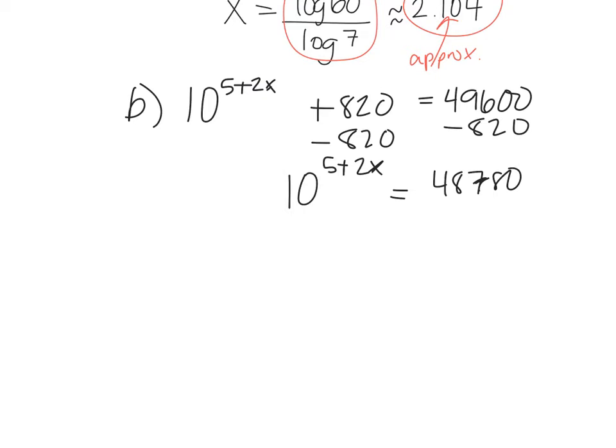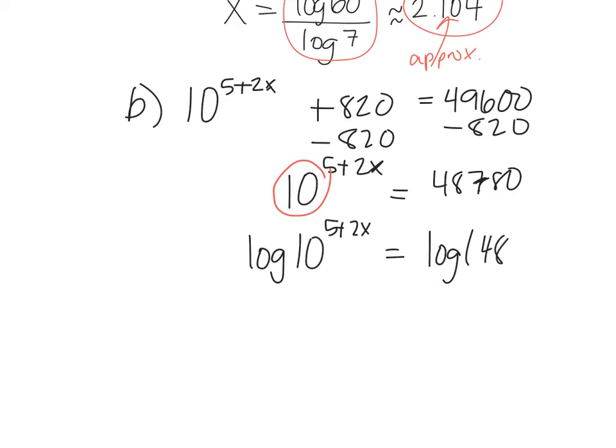For this case, this is my little clue, if I have base 10, I'm going to use the log base 10, the one that I can use on my calculator, because it will simplify my life a lot. So I'm going to take the log of both sides. So I have log base 10 of 10 to the 5 plus 2x equals log of 48780.